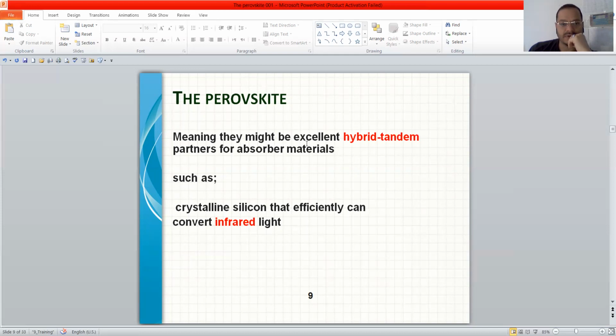Hybrid tandem partners with absorber materials such as crystalline silicon that can efficiently convert inferior wavelengths of light. That means here, dealing with perovskite, we can convert all of the ultraviolet, infrared, and visible light to usable electric power.